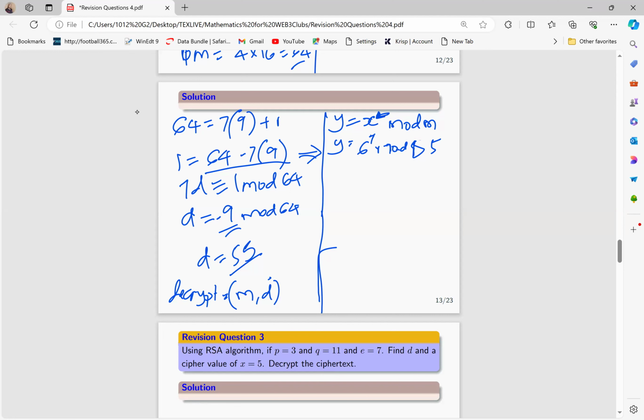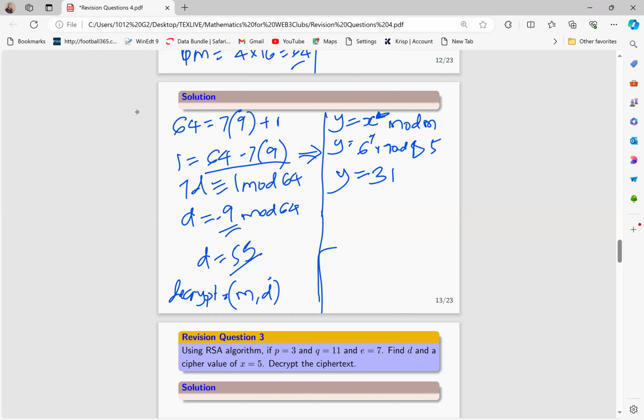What is 6 raised to 7? You calculate the answer. The result is 31. So that is the ciphertext.